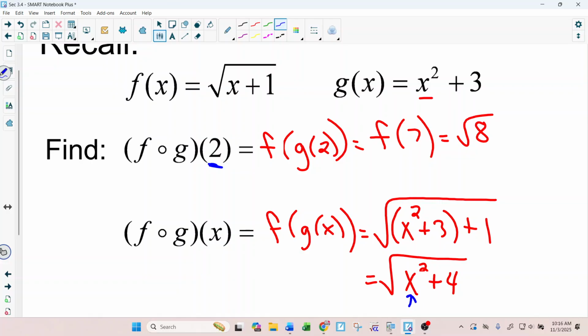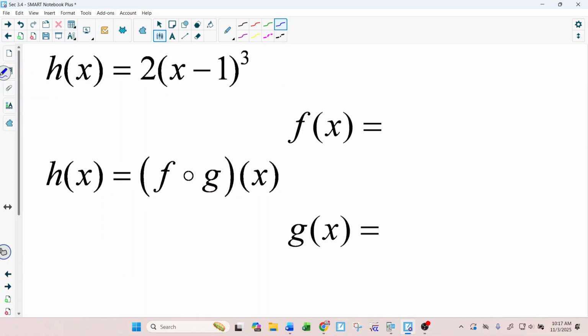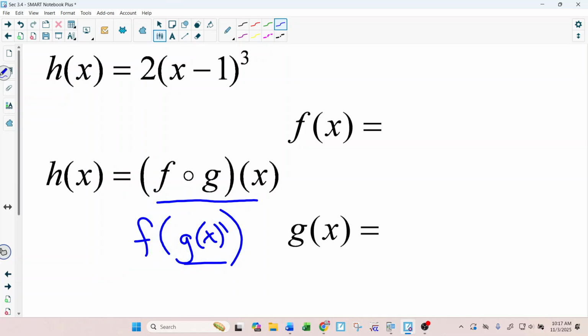What's going to be more important for us now is not combining functions, but actually taking functions apart. So if we want to find f of g of x, g is the inside, f is the outside.